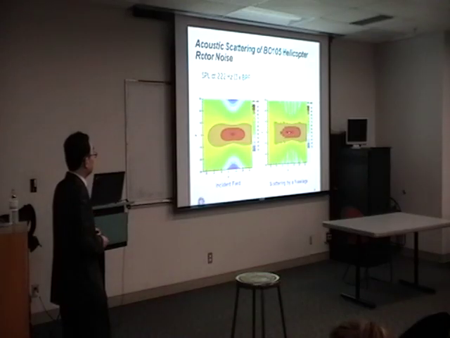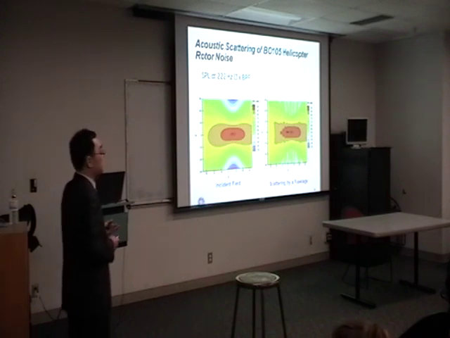Now I have included the fuselage, and I can see a somewhat complicated noise pattern, but more importantly there is increased noise level at the side wall. It's because the acoustic energy is scattered by the fuselage and propagated this way and this way. So the scattering effect is really important in this problem.